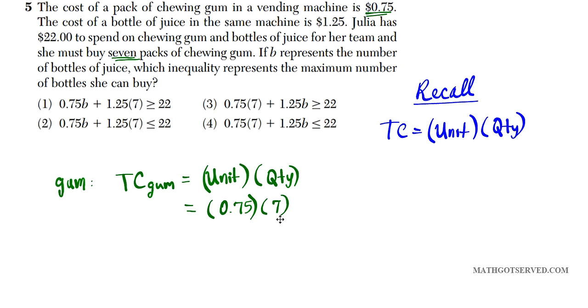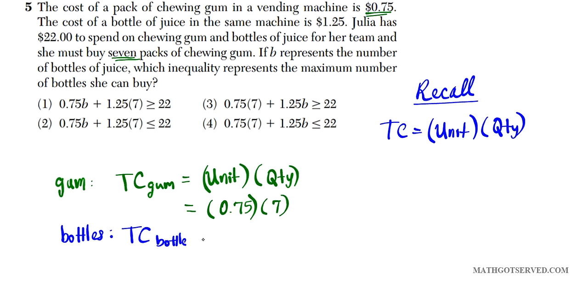Okay? Now, let's shift our attention to the next item, which is bottles of juice. Okay? So, let's just call this bottles. Okay, so what is the total cost of bottles of juice that Julia bought for her team?